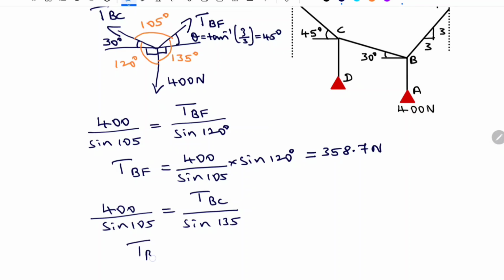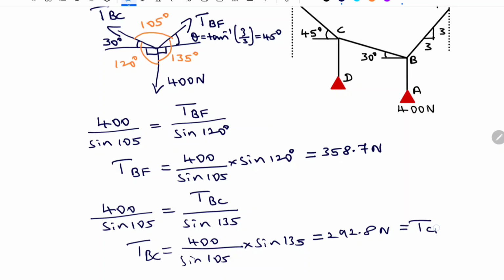From this I can write TBC is equal to 400 divided by sine 105 into sine 135, that is equal to 292.8 Newton. So this is TBC, and we know that TBC is same as TCB.